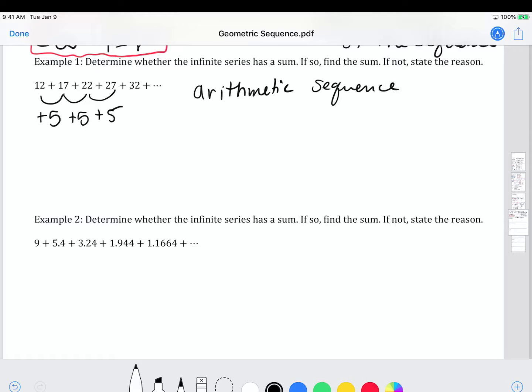So we cannot add this infinite sum because these numbers keep getting bigger and bigger. When I add them up, it's not going to get to a point where those numbers get so small they're insignificant and we don't need to add them. There is no way to add up an infinite set of numbers that are getting larger and larger. So this sequence diverges, and the reason is because this is an arithmetic sequence and the numbers keep getting bigger and bigger.